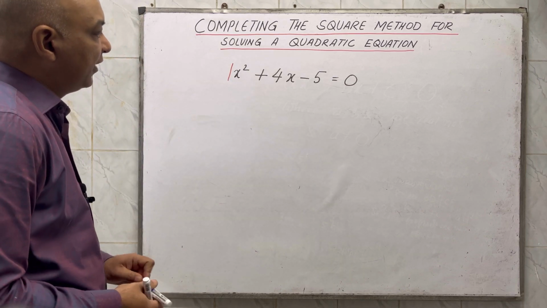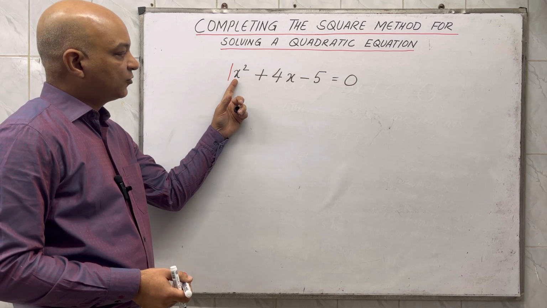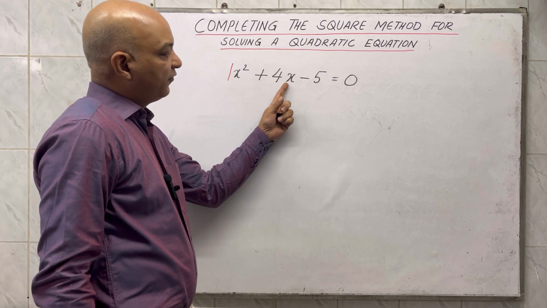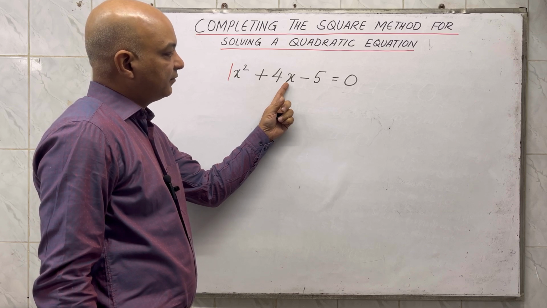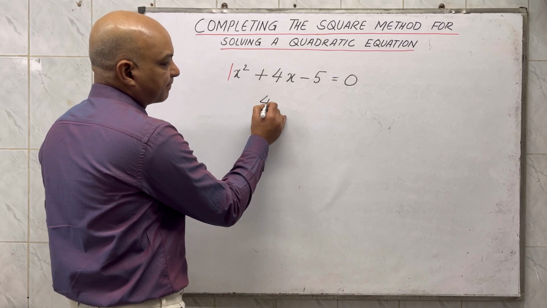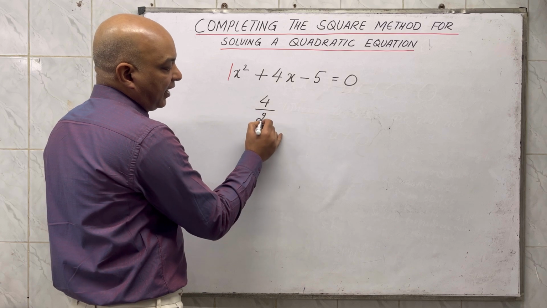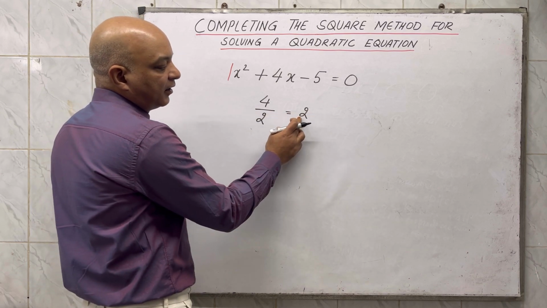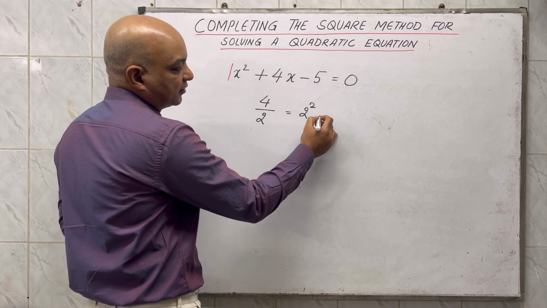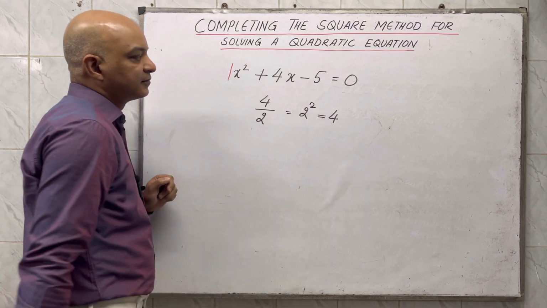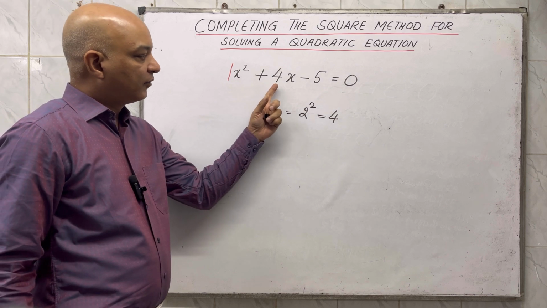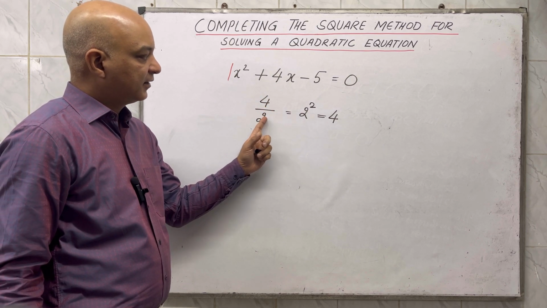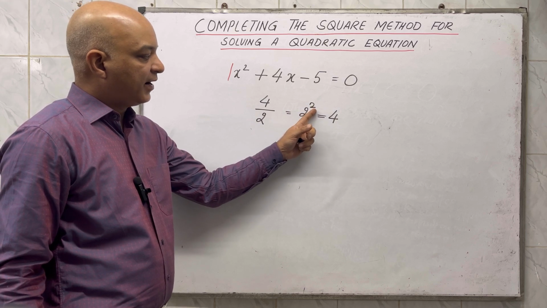If the coefficient of the x² term is 1, then we will look for the coefficient of the x term. We will half it, and then we will square the result so obtained. So I have halved the coefficient of x, then I have squared the result.